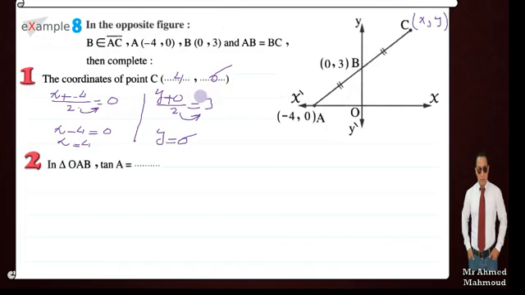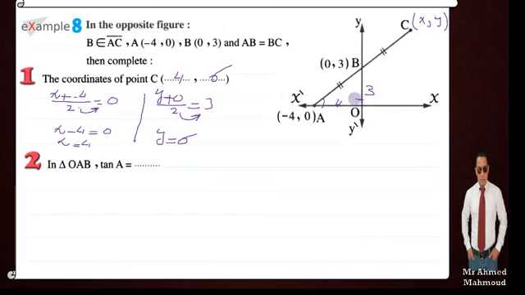Triangle OAB. Tan A equals, here, this is angle A. Okay, this length here, from 0 to negative 4, the length of this side equals positive 4 units because a length is a positive number. And here 3, from 0 to 3, this one equals 3 units.